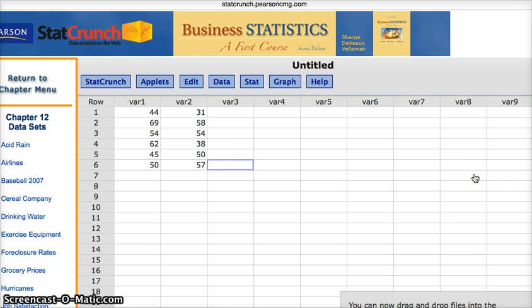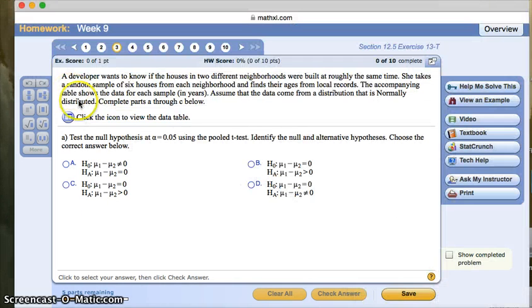StatCrunch does that for us very easily. I'm going to go back to our problem here so we can look at it. We are down to part C. Part C refers to the 95% confidence interval for the mean difference in ages of the houses in the two neighborhoods, which we found: negative 7.47 as the lower limit and 19.47 as the upper.